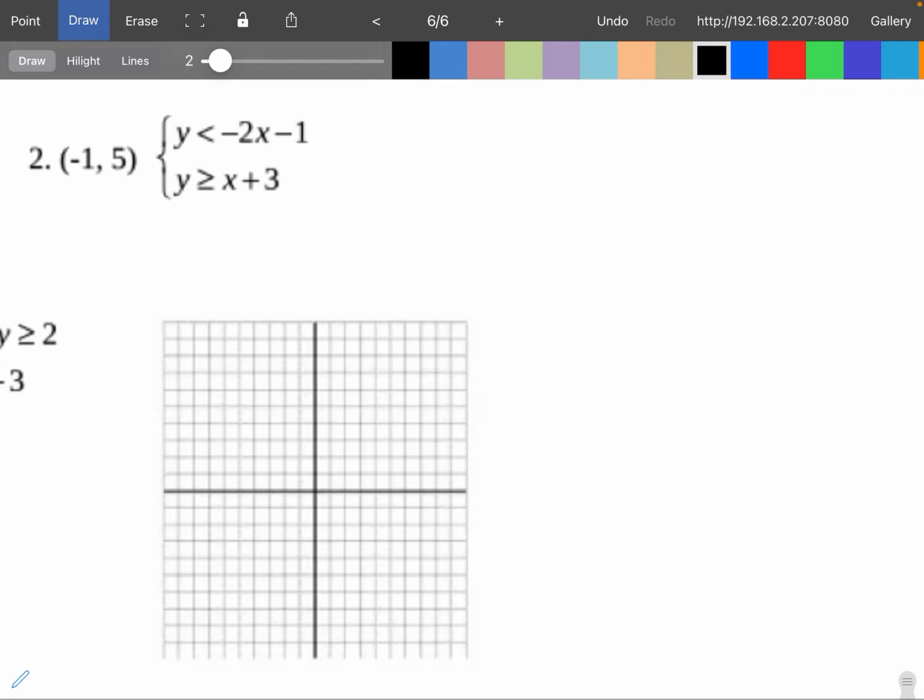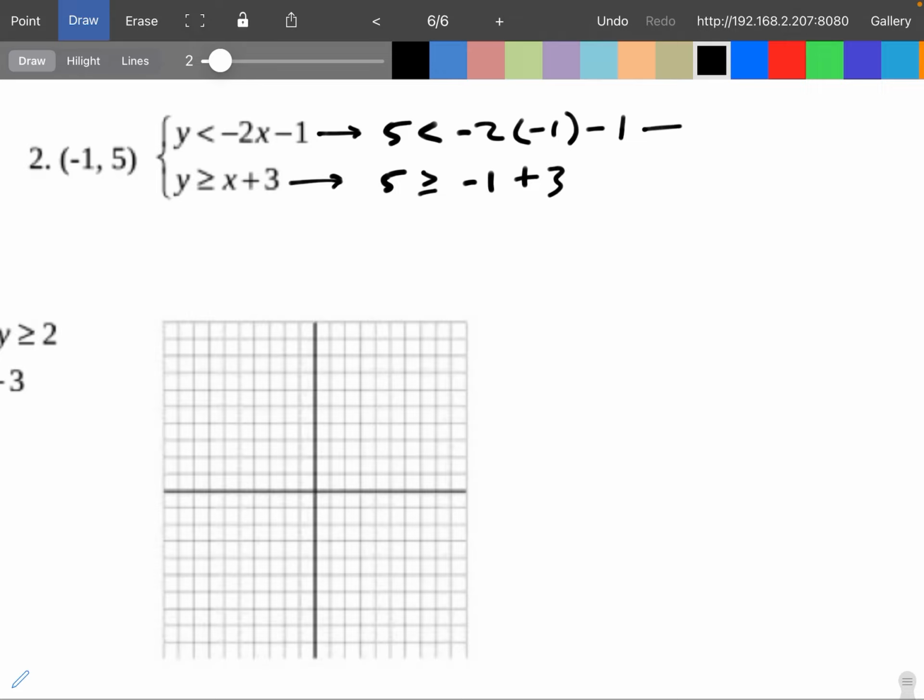So if they're both true, then yes, that's a solution. So you'd write -1 comma -3 is a solution. So really, that's nothing different than what we did yesterday. It's just you got to do two of them. And then you need them both to be true to be a solution.